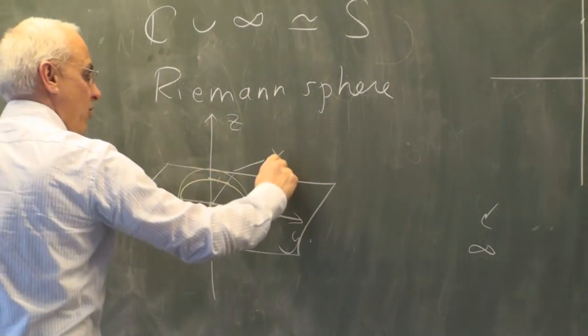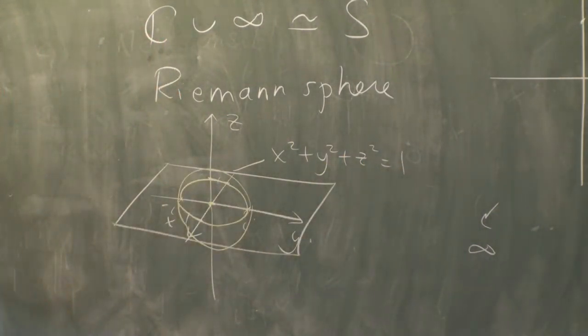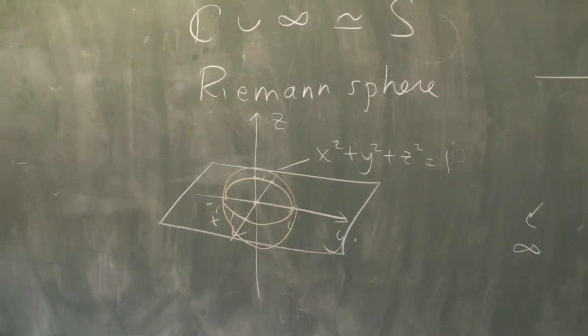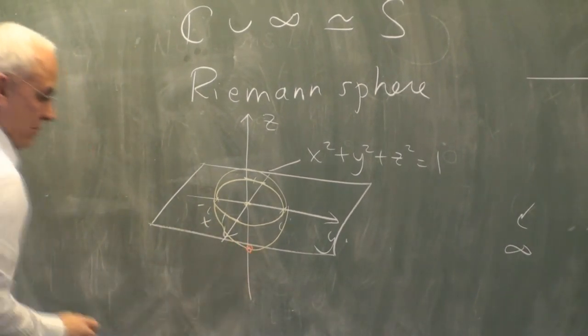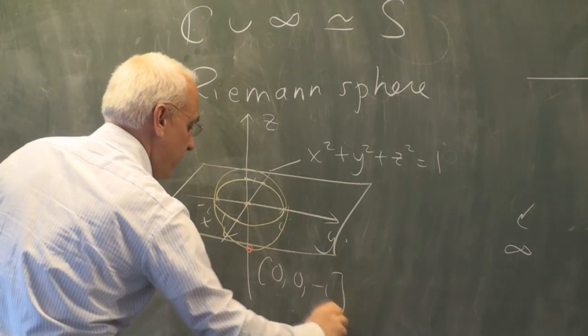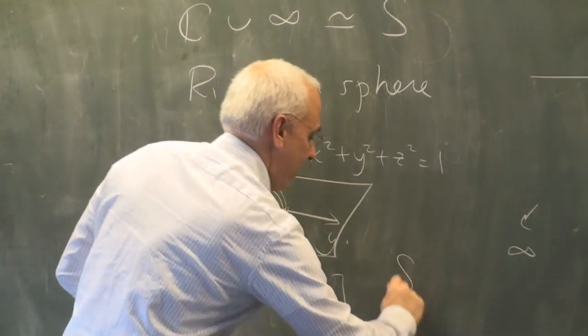The unit sphere with coordinates x squared plus y squared plus z squared equals 1. And we can do exactly what we've been doing. We can project from the south pole, which is just as it was before. So there's (0, 0, -1) again. And we just perform stereographic projection.